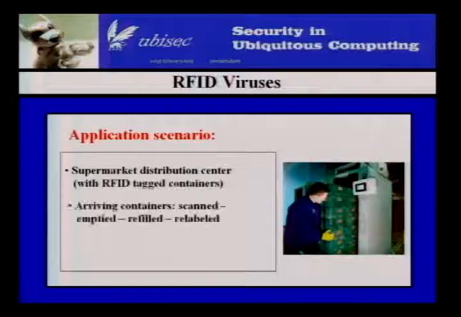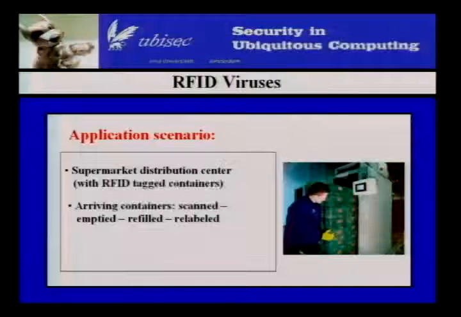Essentially, the containers arrive, filled with some kind of fruit, let's say, coming back to the apples and peaches and pears. The container comes in, and you scan it just to see what the contents are. You unpack the container, because perhaps you want to process the apples into applesauce.